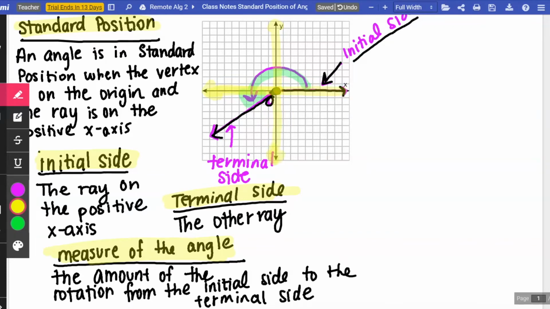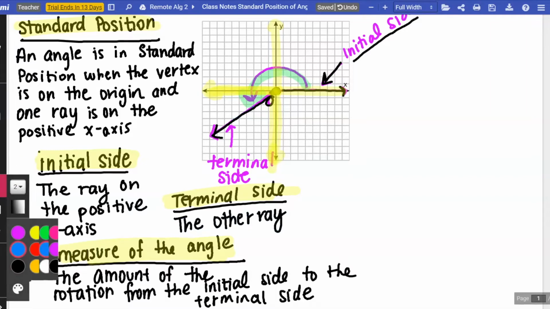So this angle has to be between 180 and 270. And it's probably about 210 degrees, 220? We're talking about the measure of the angle from this initial side all the way over here to our terminal side. So it's probably about 220 degrees.